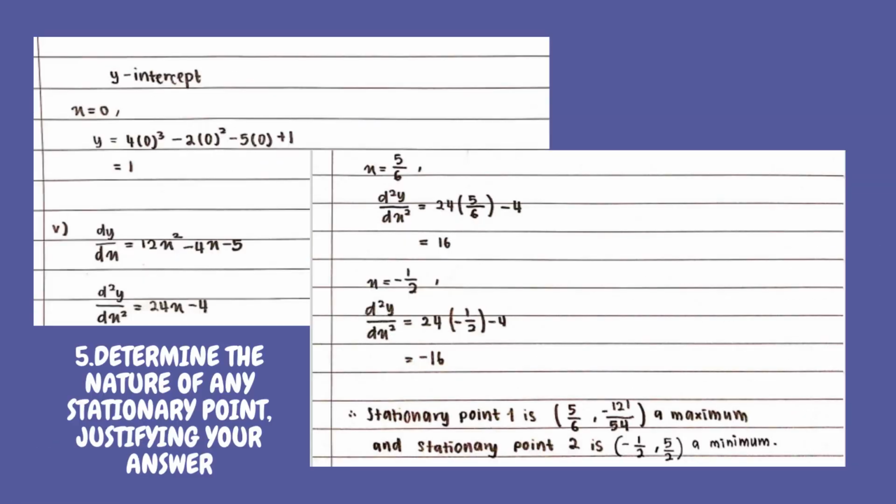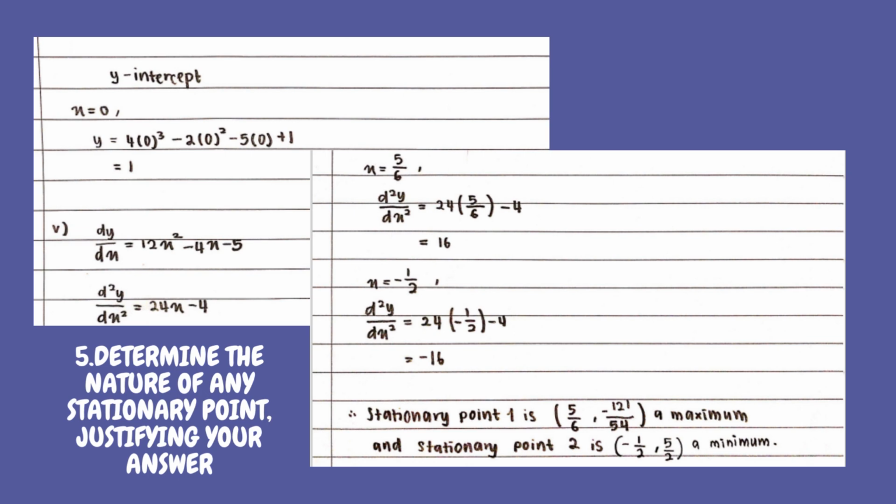Determine the nature of the stationary points you found in part 2, justifying your answer. To find the nature of any stationary points, we need to use the second degree differentiation from the equation dy over dx equals to 12x squared minus 4x minus 5.